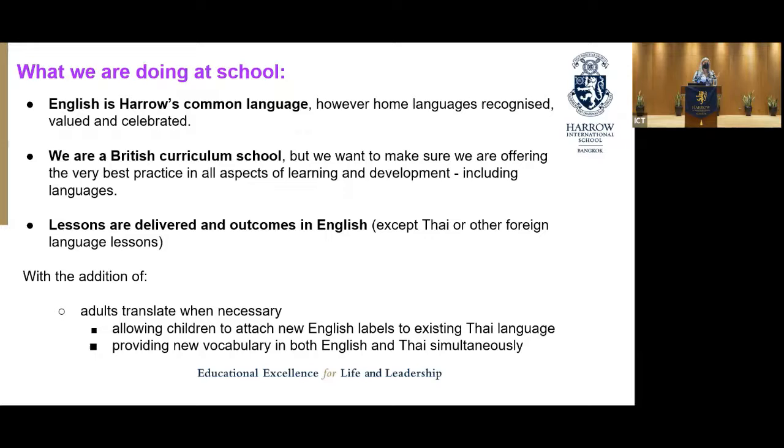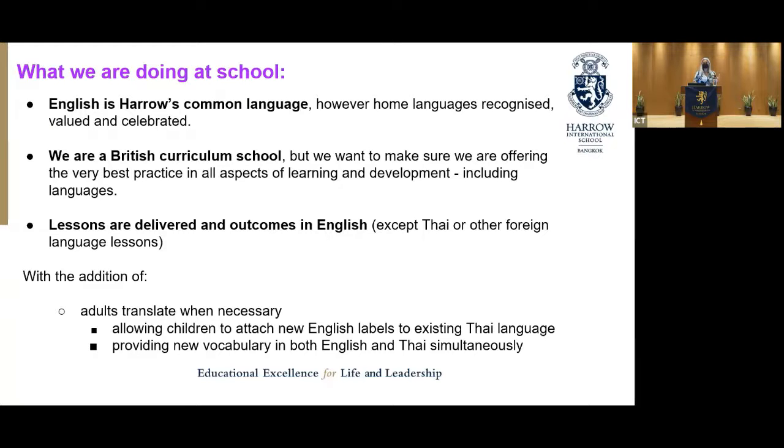It is purely about ensuring that in our focus to optimize their English, we aren't neglecting optimizing their home language at the same time. So all lessons will be delivered in English and outcomes will be in English, except obviously if they're in a Thai or another foreign language lesson.